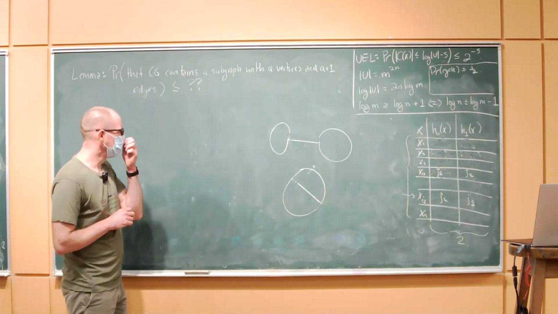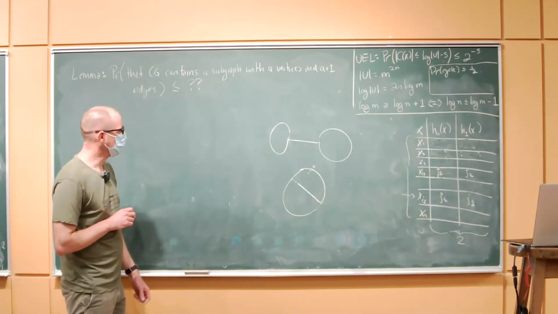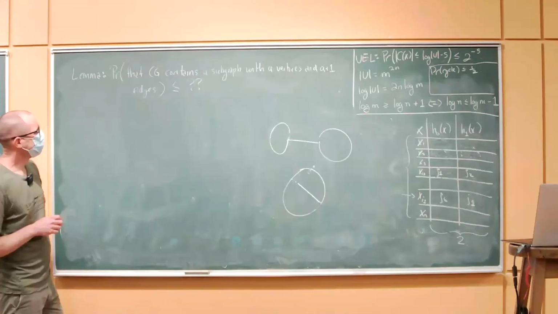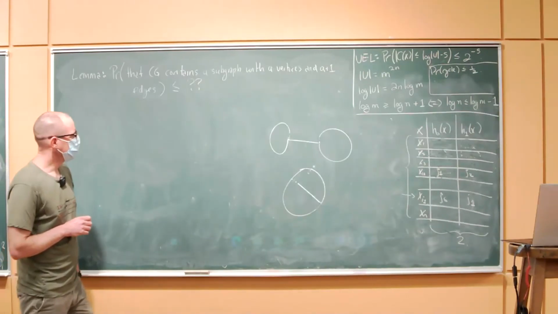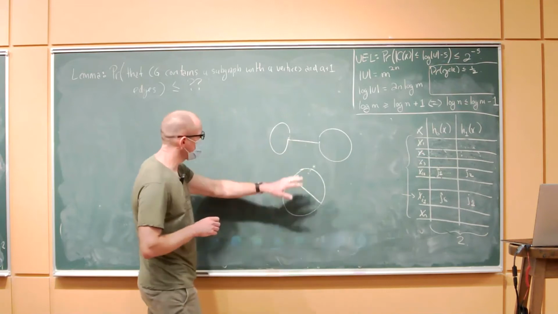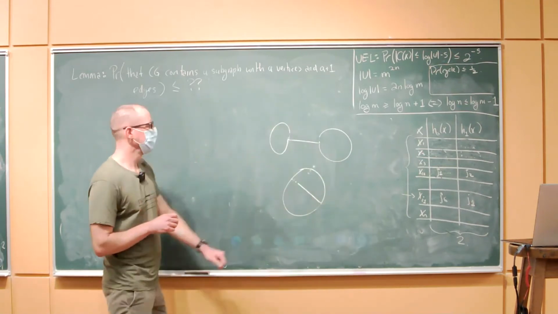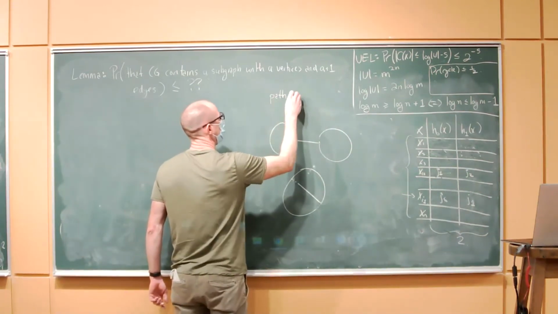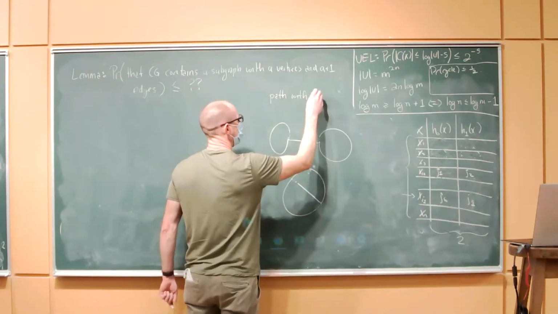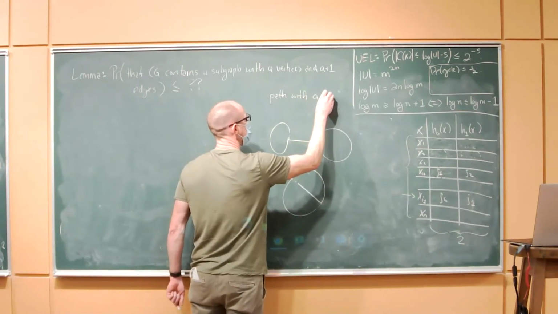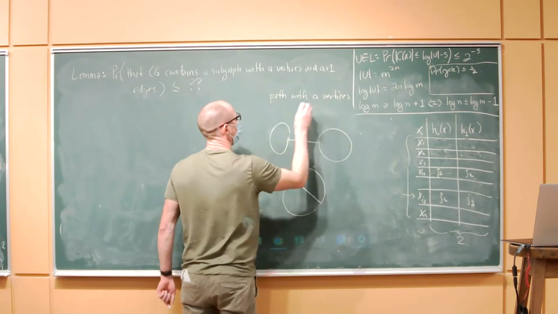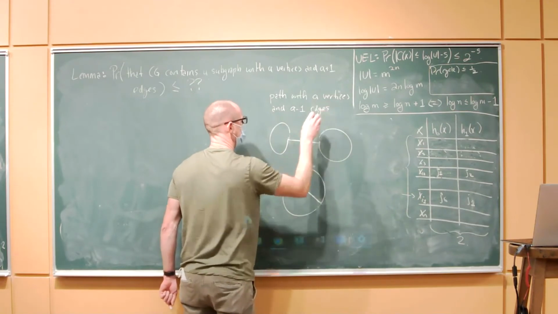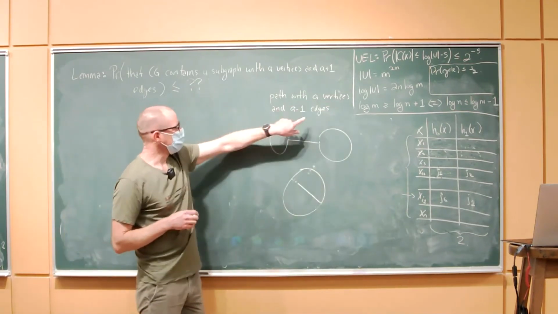Okay, so let's see what we can do to encode these things. So what are these things then? Well, in either case, after removing these two edges, I have a path with A vertices and A minus 1 edges. Right, every path with A vertices has A minus 1 edges.